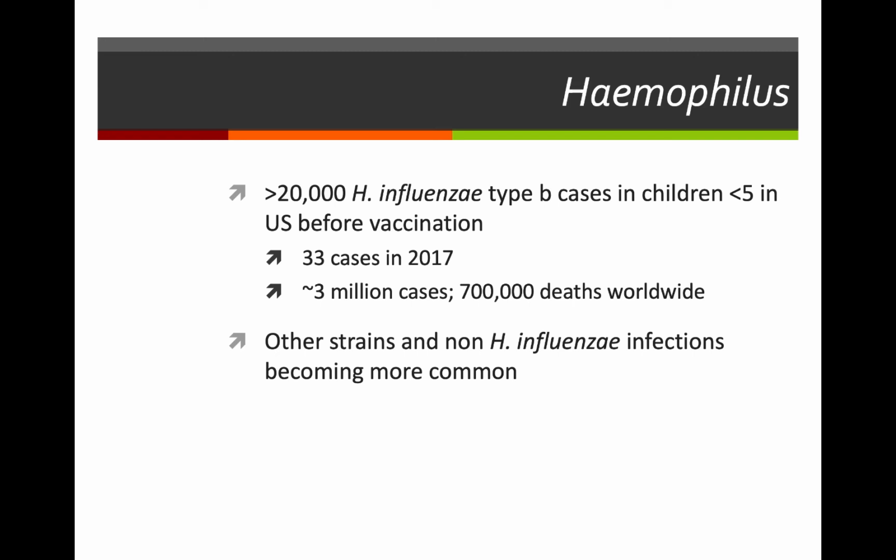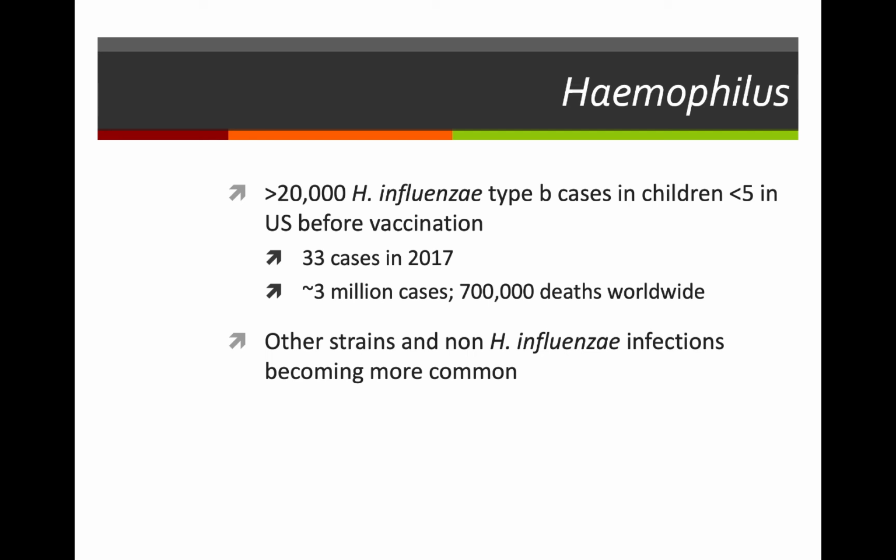Now, the vaccine is only against Haemophilus influenzae type B. It's sometimes called the HIB vaccine. So now that we have a vaccine against the most dangerous type of Haemophilus influenzae, we're seeing really low caseloads of Haemophilus influenzae type B. Instead, we're seeing more commonly some of the other strains show up, not nearly to that same number.